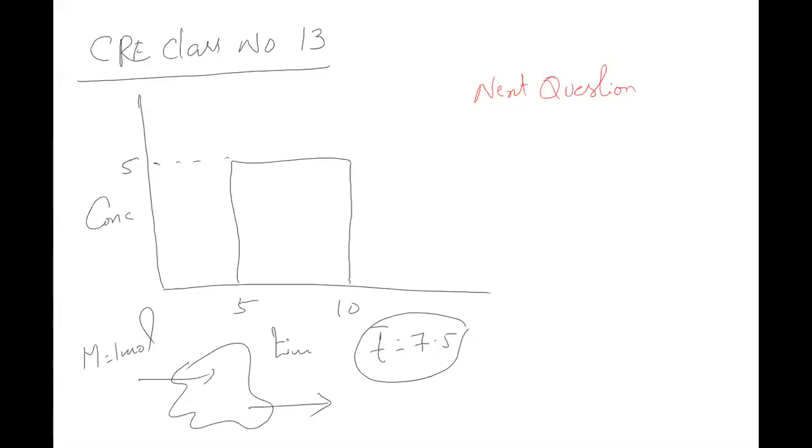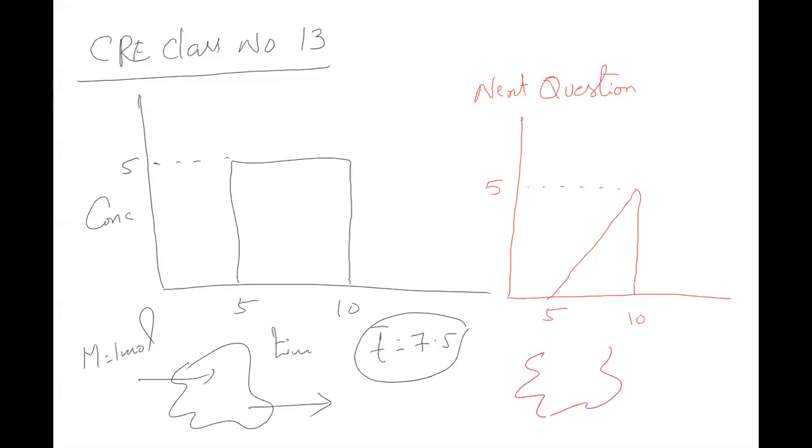Now the next question is, keep everything same, but the only thing is I will change the RTD. This is 5, this is 10, this is 5. M is equal to 1 mole. Now what is the T bar?